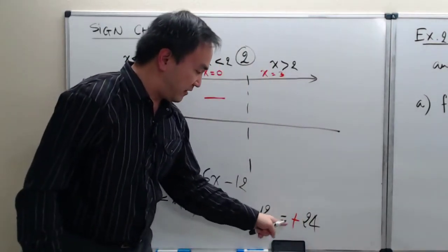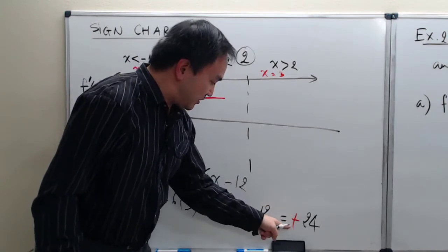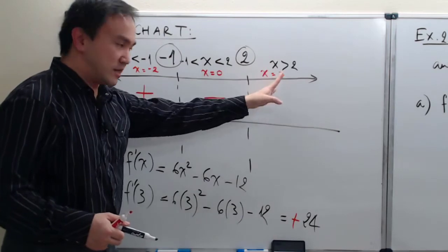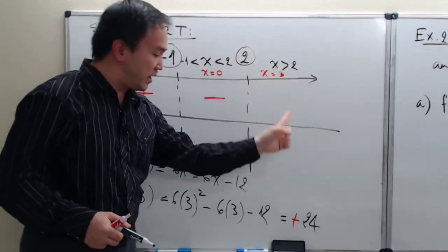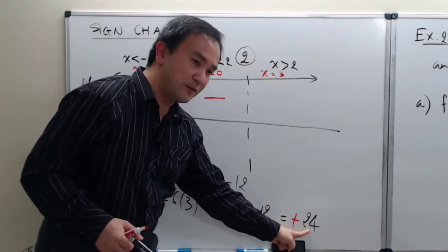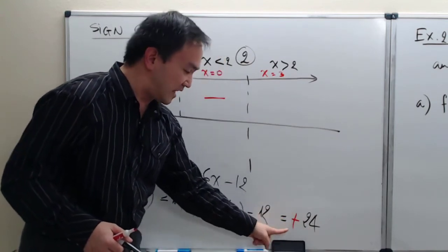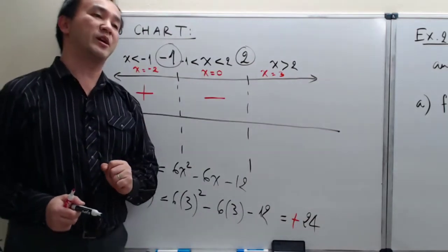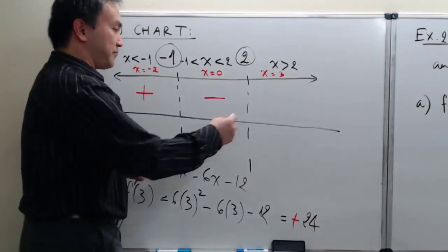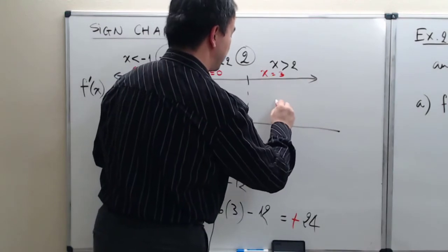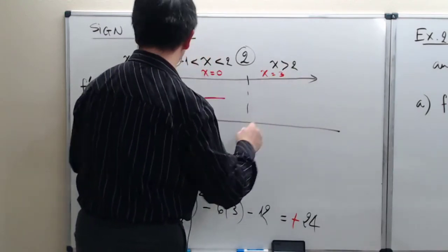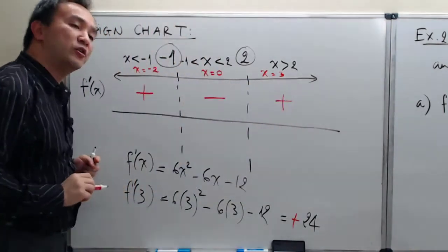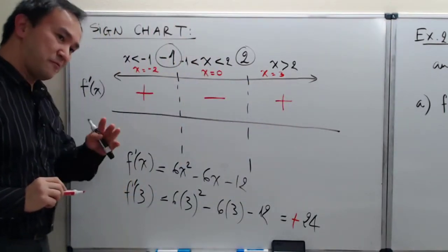So again, I emphasized positive sign right here, and that's what I need, because other students, other viewers who are picking up a different value here will end up with a different magnitude here, with a different value instead of 24. But I am sure you will be looking at a positive value if you do your calculation correctly. And so now that means in my interval here for x greater than 2, my f prime will be coming out with a positive sign final value, final output for my f prime.